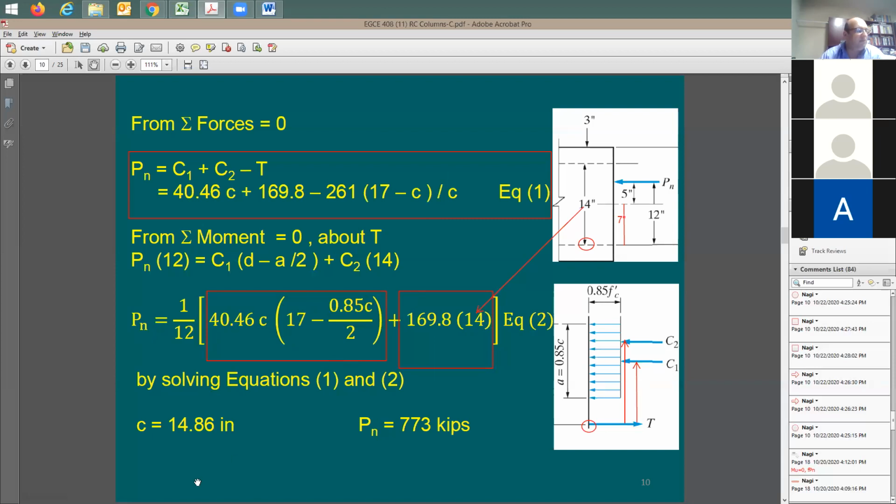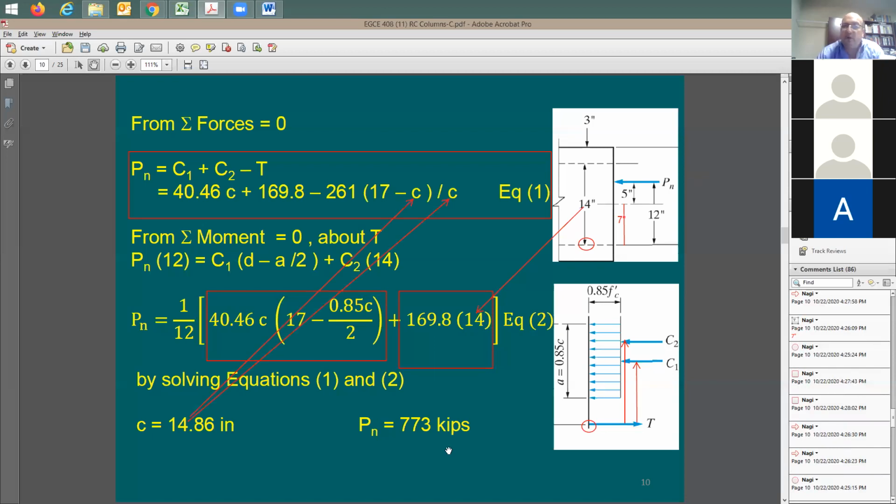When you solve 1 and 2, here is c. c is equal to how much? 14.86 inches. How do you find Pn? Just go back to equation 1 and use c of 14.86. Substitute here, c is going to be equal to 14.86. Once you do this, you can find Pn of 773 kips. Now I have the axial load.